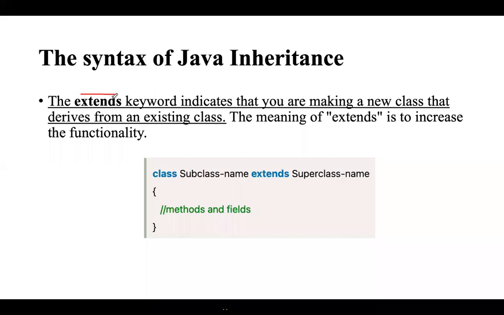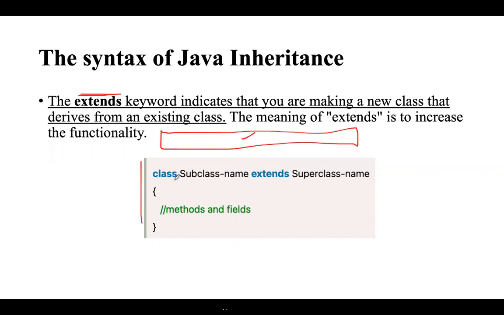If we have some class already existing or already written, and now you want to create another class and make this second class the child class of the existing class, then you can use the word extends. For example, suppose I have some class here, and this is the class I want.